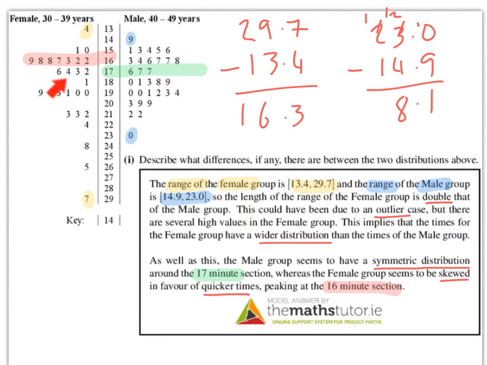So the female section is skewed, with more in the 16-minute range, whereas for the males it's quite symmetrical, with quite an even spread above 17 and below 17. Again, these are the key phrases you want to be using: symmetric distribution for the males and skewed for the females.